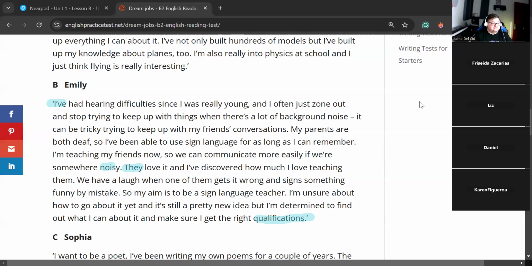My parents are both deaf, so I've been able to sign language for as long as I can remember. I'm teaching my friends now so we can communicate more easily if we're somewhere noisy.